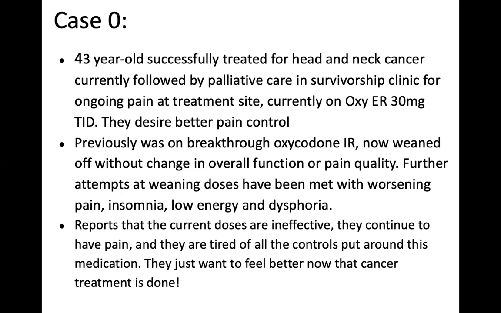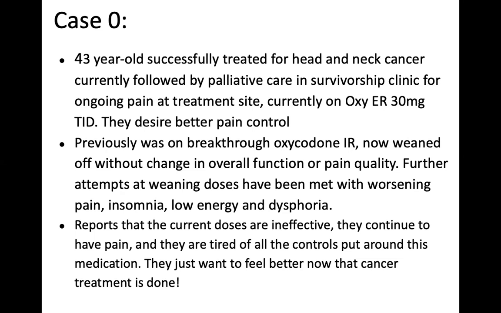They had previously been on a combination of long-acting and short-acting, and have been successfully weaned off of the short-acting, with overall not a reduction in their pain quality or an improvement in their functioning with the reduction in opioids. And they continue to rate their pain at the same level as before on a visual analog scale.